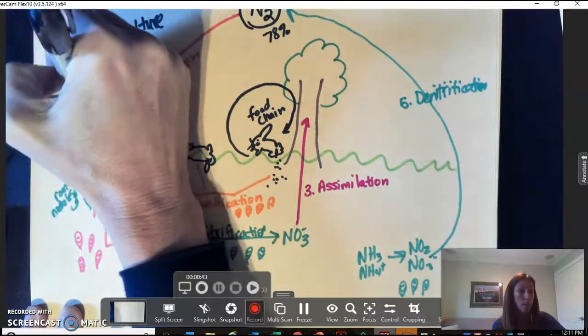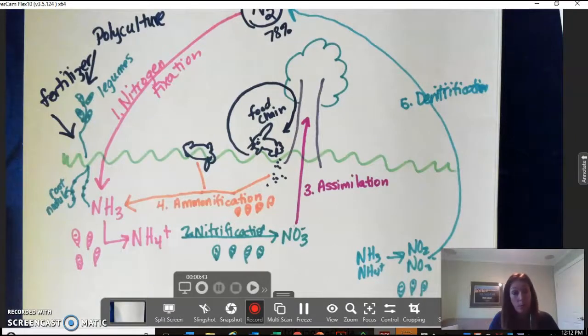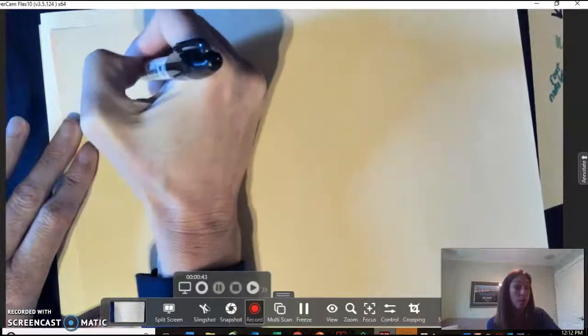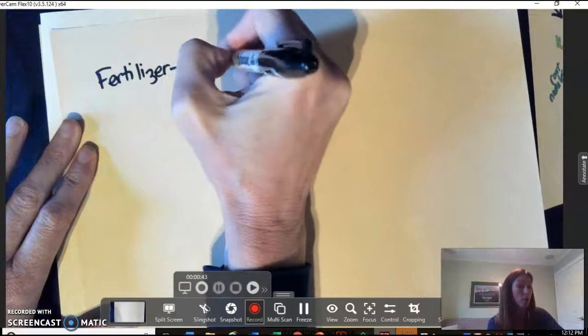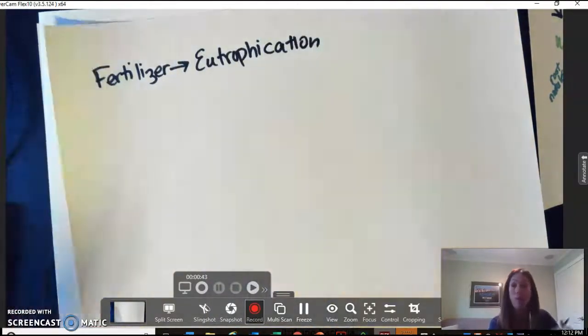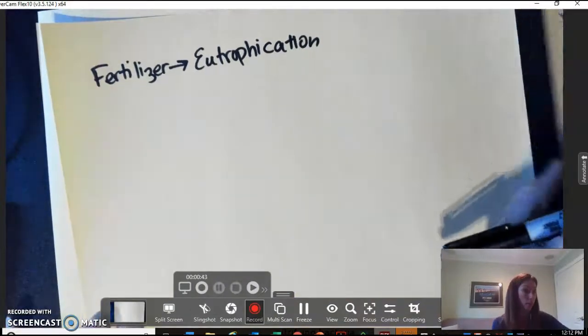So that's a big impact of the nitrogen cycle, that we add fertilizer onto our crops to make sure that they can grow, because nitrogen can often be a limiting factor. Now, with that fertilizer, one of our problems might be that fertilizers might lead to runoff, and that runoff might lead to eutrophication. So that's one big negative impact. The polyculture was a positive impact. The fertilizer leading to eutrophication is definitely a negative one.